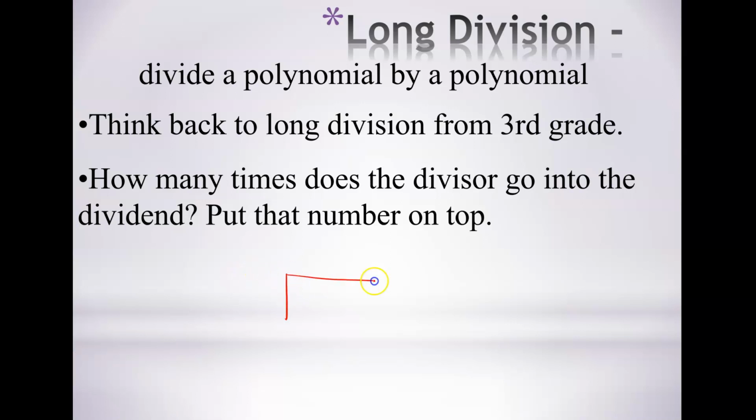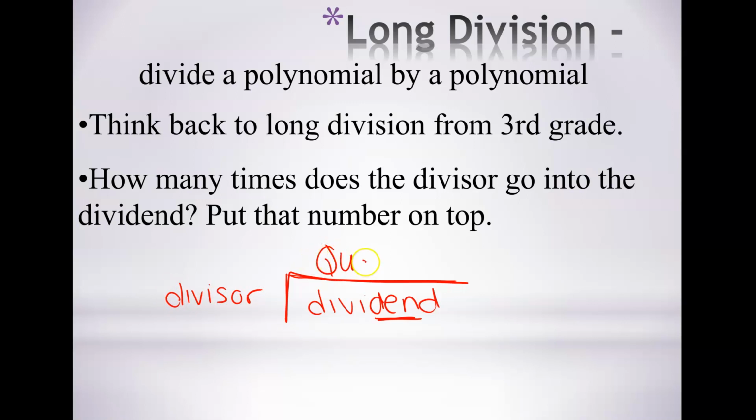So, the dividend is what goes in the den of the dividing bar. The divisor is what we are dividing by. So that's what's outside. The quotient is our answer.